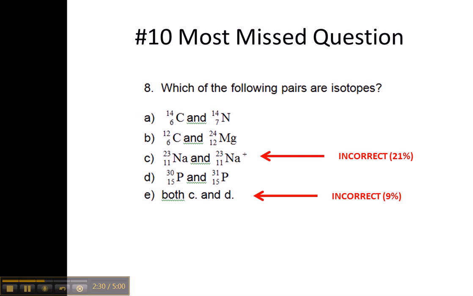So let's look at C. There's something about C that traps students, and that's why I think it's good to understand.